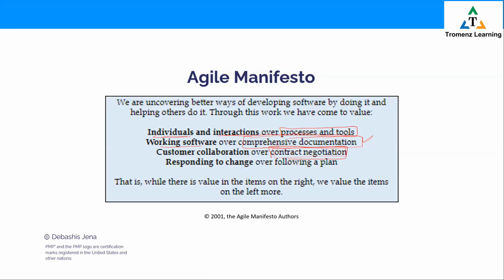But what these people said is, having a contract is definitely good, in fact a necessity, but we should be collaborating with the customer constantly. What's the problem if you don't? There'll be a mismatch in expectations, right? Hence these people said customer collaboration over contract negotiation.